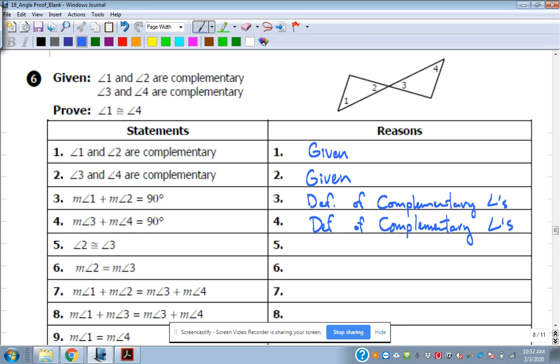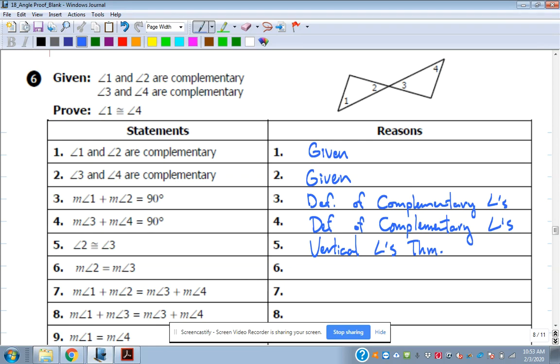And then how did they go to 2 is congruent to 3? Vertical angles. Because in the picture, there are vertical angles. We know they're congruent to one another.